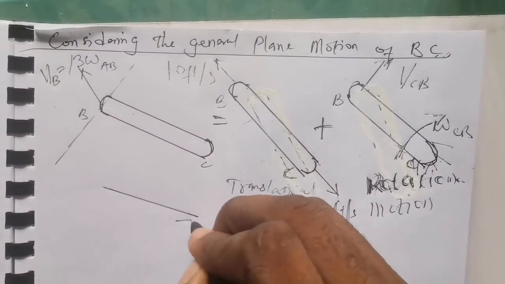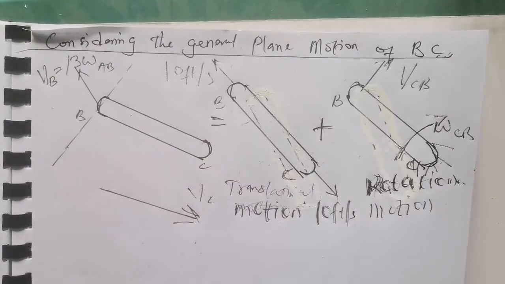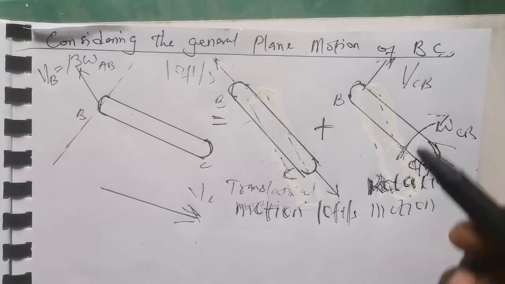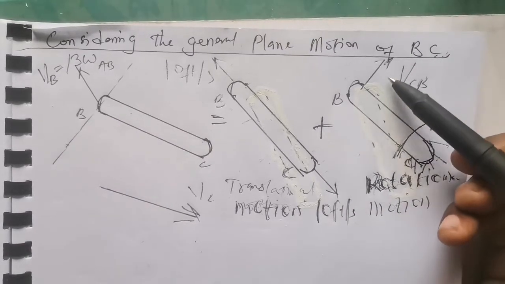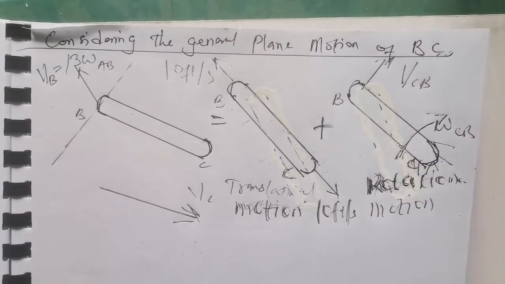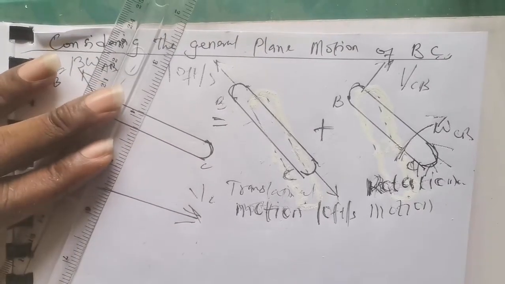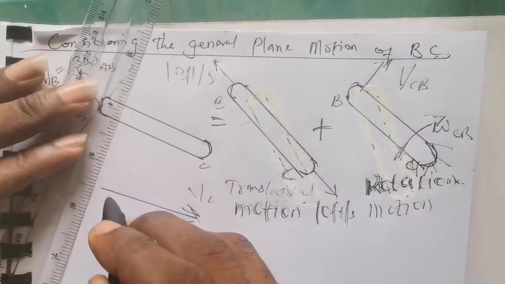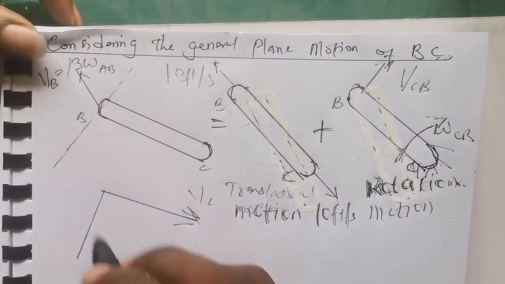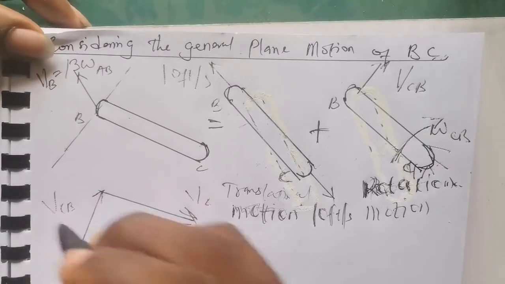This is VC, which is a known velocity. Not forgetting that the relative velocity is at 90 degrees to that surface. So at 90 degrees to this same translational velocity, you have something like this. This is at 90 degrees to this surface. So this is our relative speed, VCB.